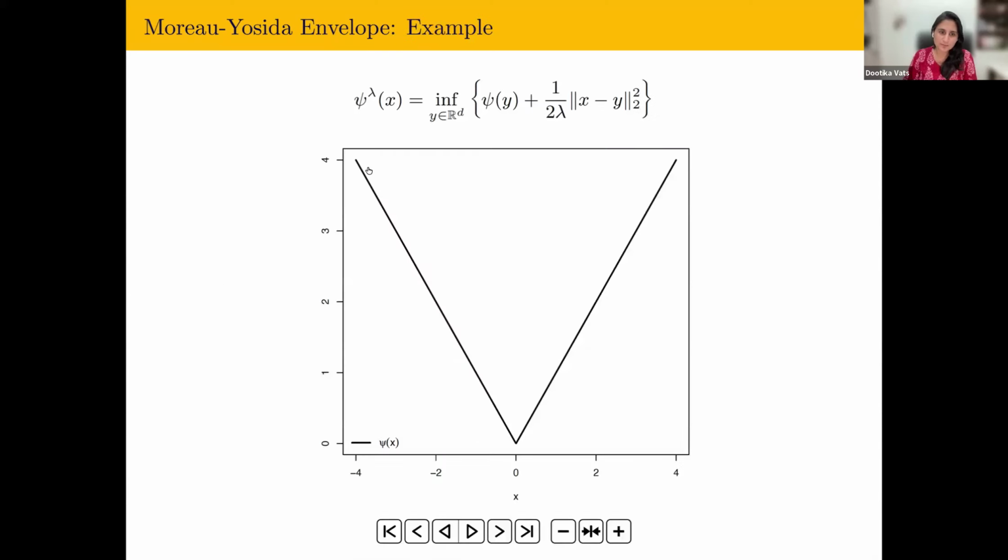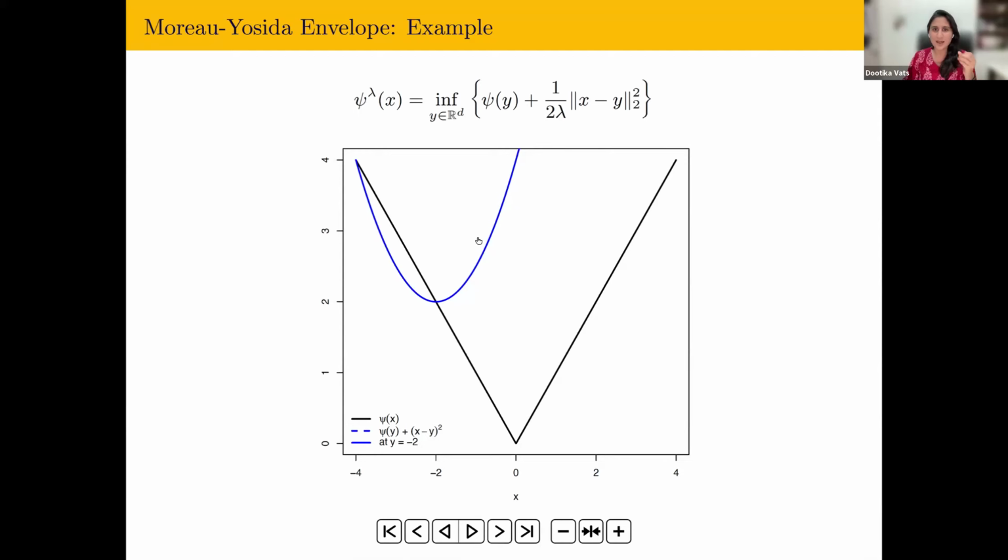So this is what I do. I'm going to plot here, the black curve is psi of x. So this is just the absolute value of x, right? This is a convex function. And what I'm going to do is draw what's inside of this infimum statement for various values of y.